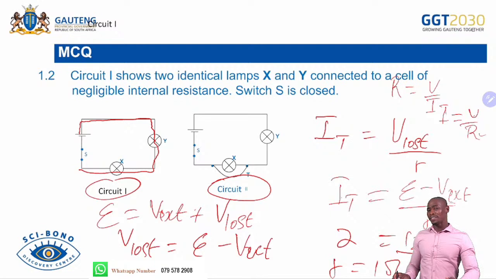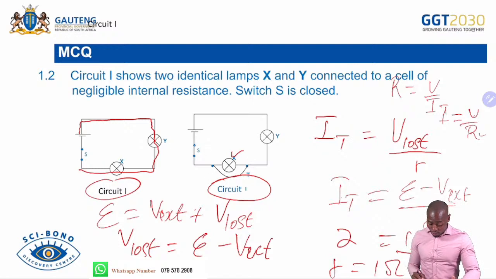So in other words here, learners, this is what we call short circuiting, right? They are removing bulb X. Why am I saying bulb X? Remember, bulb X has a certain resistance. So there's no way that current will choose to pass through X, while wire T has no resistance.